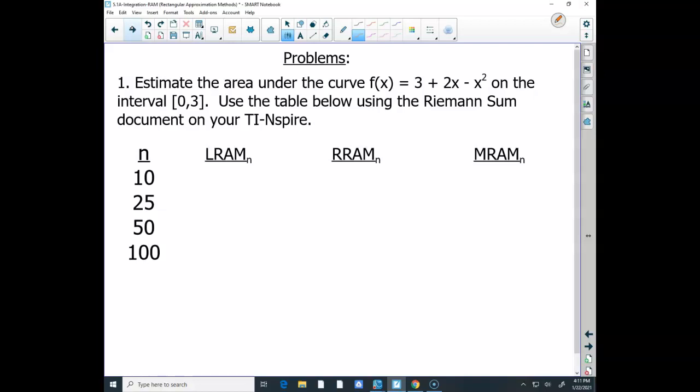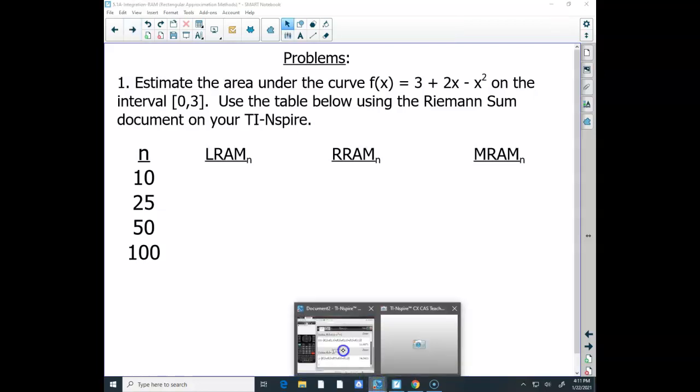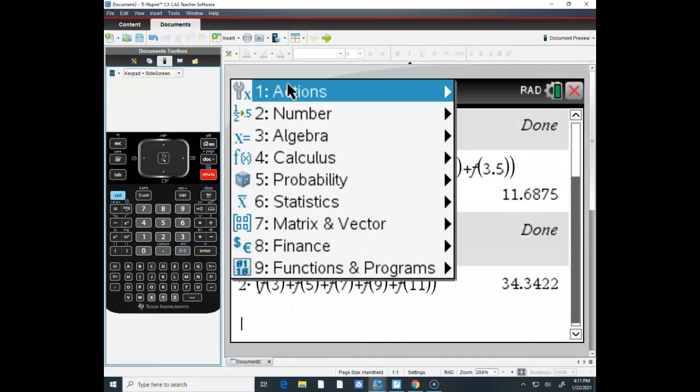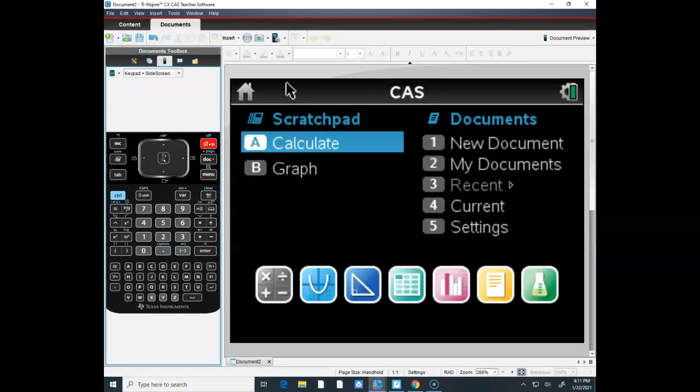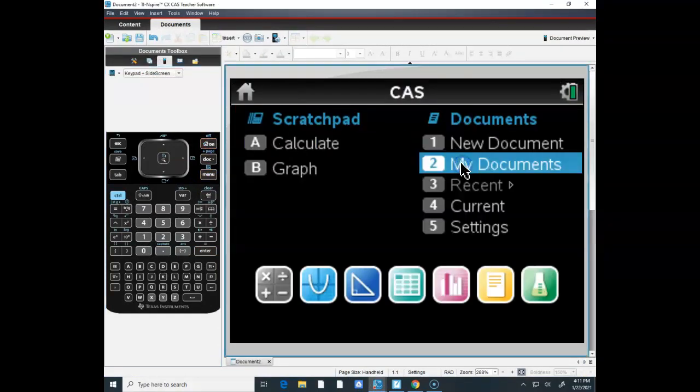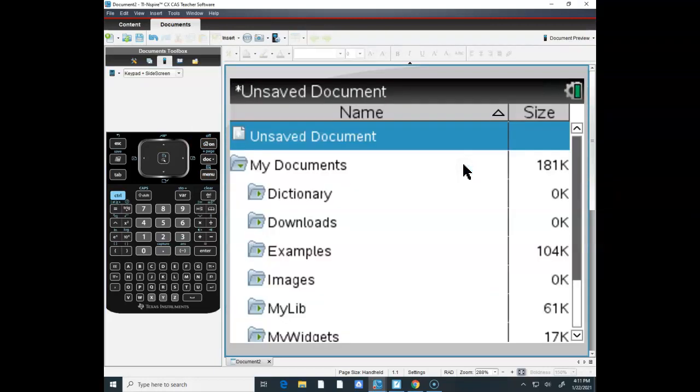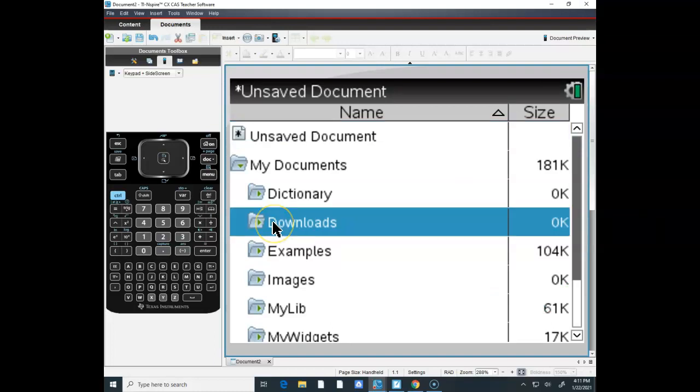Where is it? You're going to go to your home page. If you go to My Documents, and underneath your transfers, look for 1-27-20.